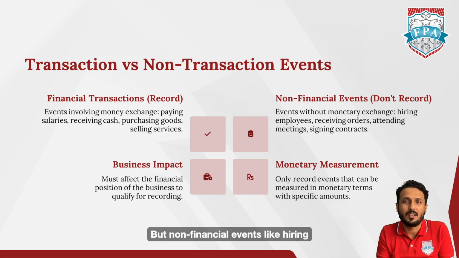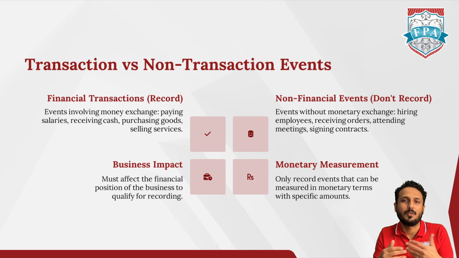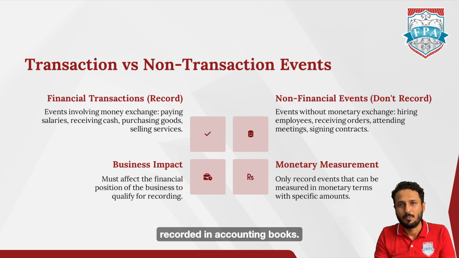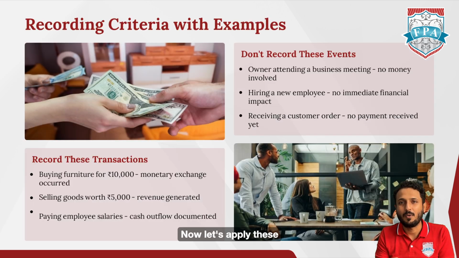But non financial events like hiring employees, signing contracts, or attending meetings don't involve immediate money exchange. So they aren't recorded in accounting books. The rule is simple. If it doesn't affect the company's finances or can't be measured in rupees, it's not a recordable transaction. Now let's apply these rules through examples.